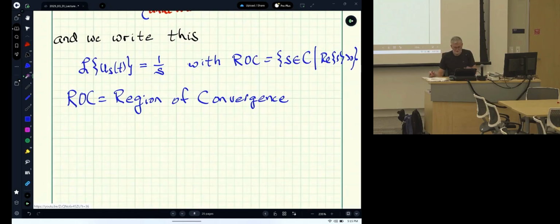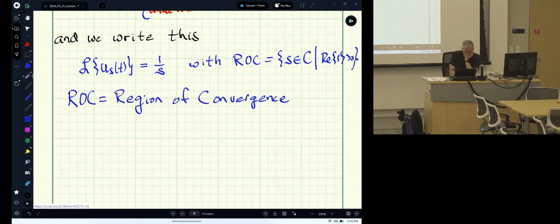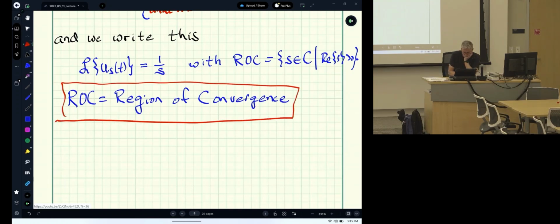Now, it turns out when we're dealing with the Laplace transform, we can forget about this region of convergence. You have to play with it in order to see that. So don't get your shorts tied up in a knot, if I'm allowed to use that low-class vocabulary, about the region of convergence.